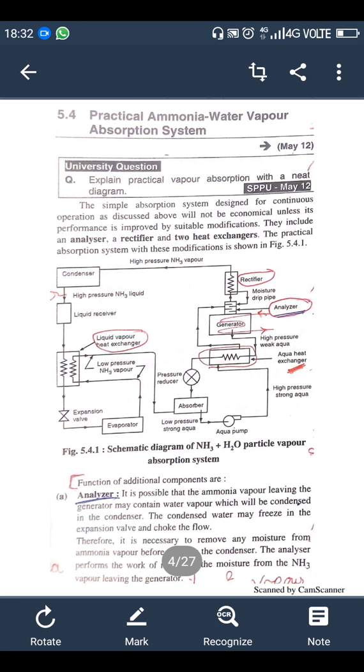There are some additional parts we are going to use in the practical vapor absorption system.